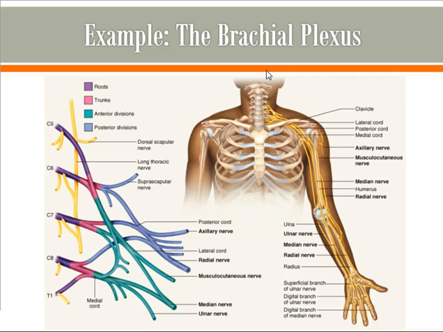And immediately, once you're out of the vertebral column, you start to have this thing that occurs where these fibers start to fuse, and then they branch, and fuse, and they branch, and they do so in a pretty complicated fashion. So in this case, you can see that here's spinal nerve C5 coming out. It immediately starts sending off these branches where axons are going off in different directions.